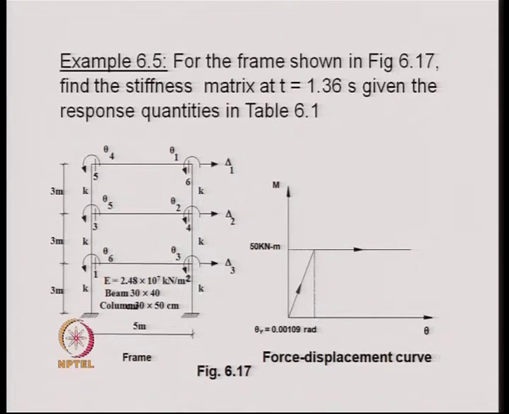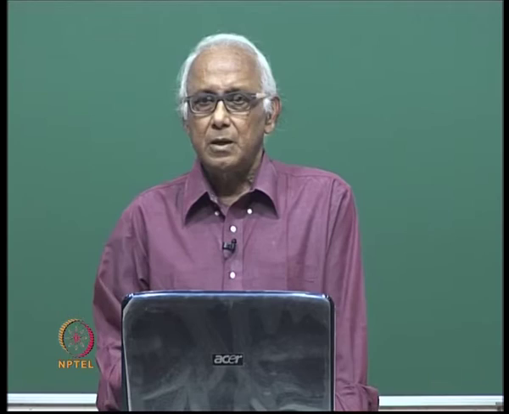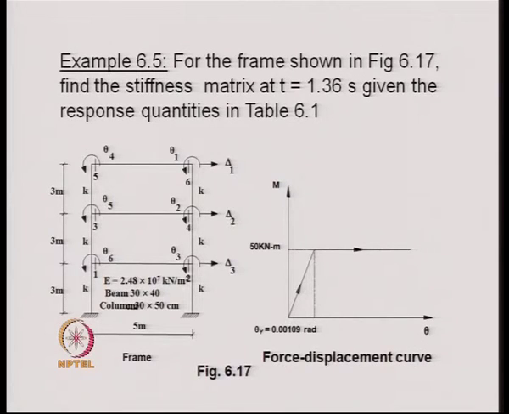We get a stiffness matrix with respect to the degrees of freedom delta. With the help of that delta, we carry out our analysis, and for every incremental step we calculate delta theta and add it to the previous value of theta to get the value of theta at the current time step.